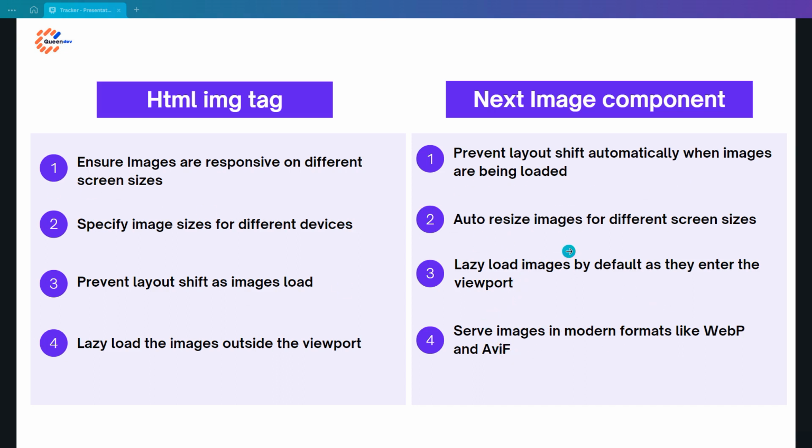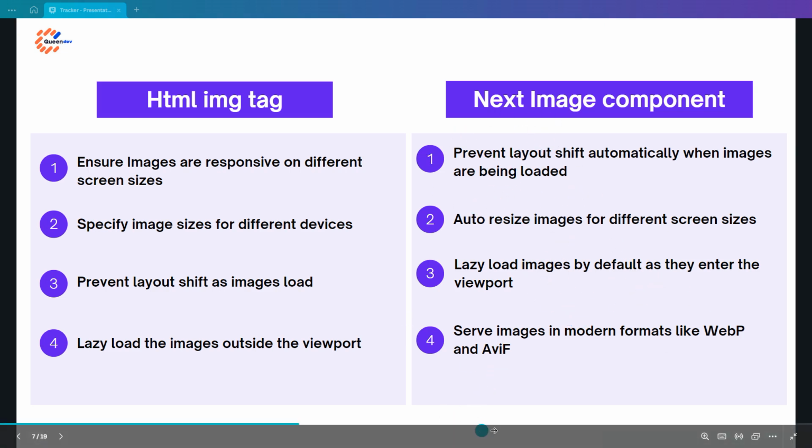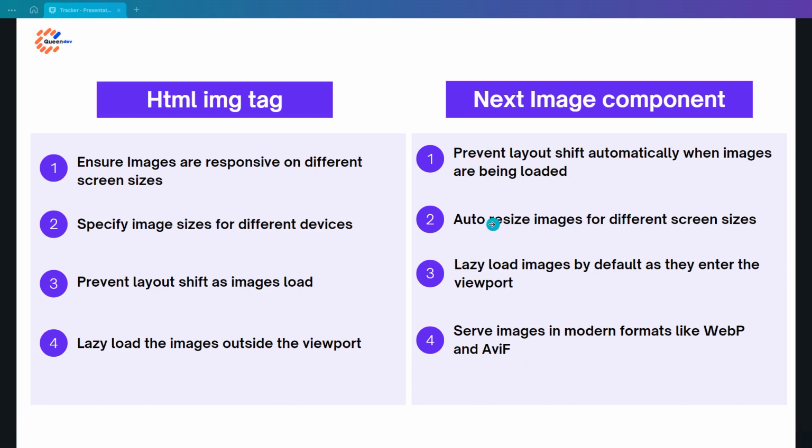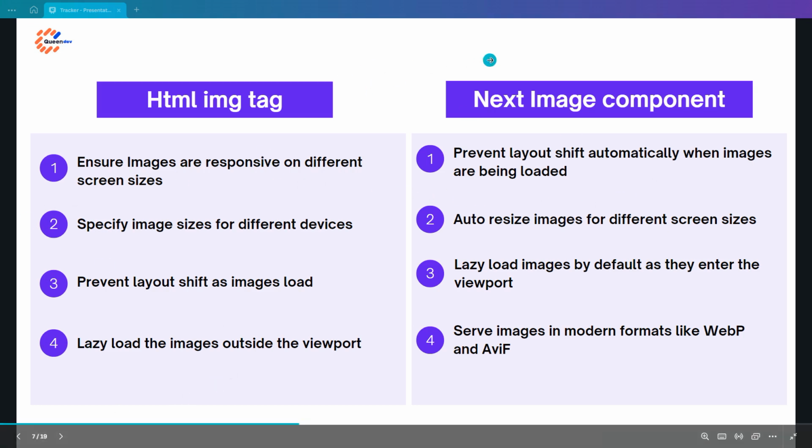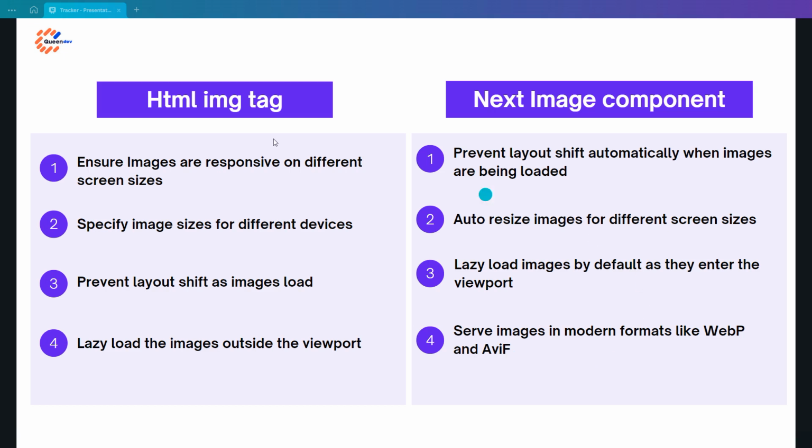The best thing is to load the images that are currently in the viewport, while the other images that are not yet in the viewport can stay put. While you scroll to the other section of the application, those images can be loaded, because they are already downloaded in the background, but they do not affect the performance of your application. That is what Next.js does for us.